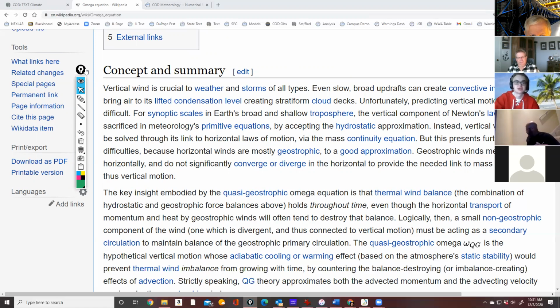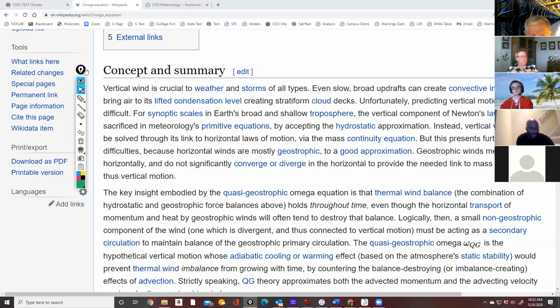For synoptic scales in Earth's broad and shallow troposphere, the vertical component of Newton's law of motion is sacrificed in meteorology's primitive equations by accepting the hydrostatic approximation. So in other words, because we accept the hydrostatic, we are taking Newton's second law, which is force equals mass times acceleration. We're saying that the net force is zero, therefore there's no acceleration.